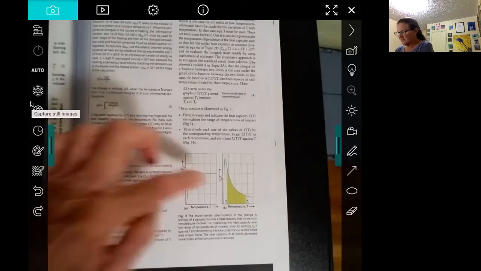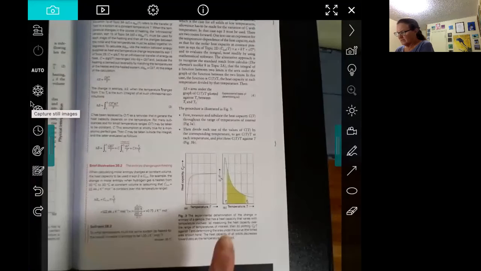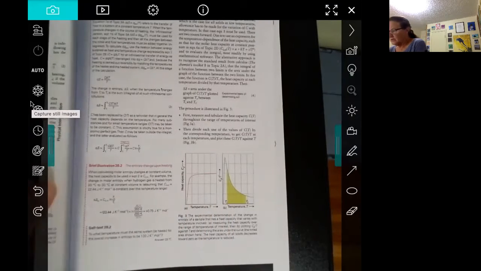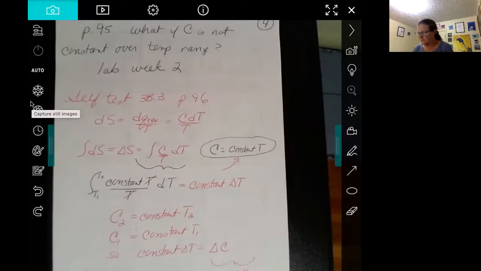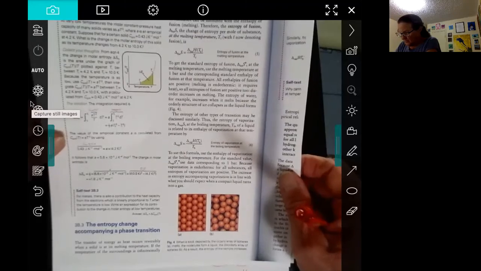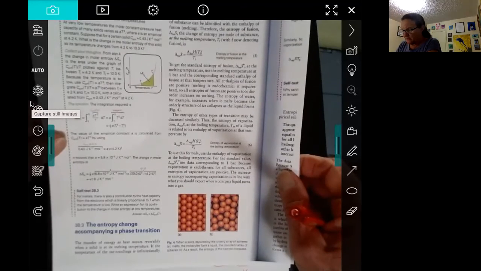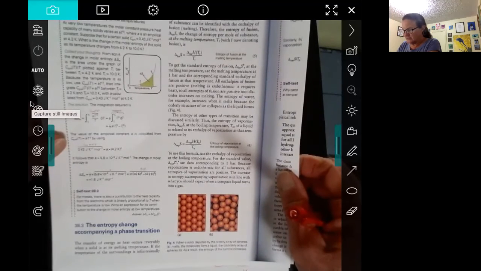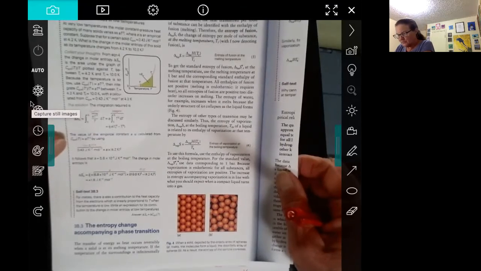Heat capacity can change with temperature, and then the entropy is Cp over T. So that's essentially what you're graphing when you might do a numerical integration. This self-test says for metals, there's a contribution to the heat capacity from the electrons, which is linearly proportional to T when the temperature is low. Write an expression for its contribution to the change in molar entropy at low temperature.